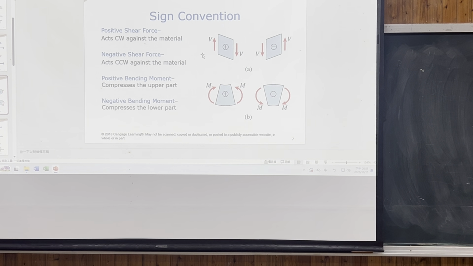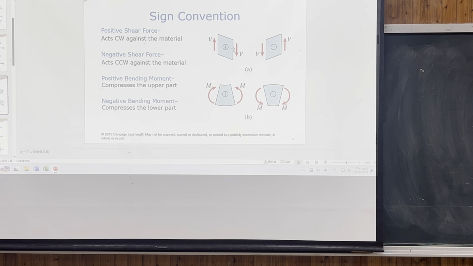In the textbook you use, they define positive shear as this kind of shear. You can think of it as going clockwise, from the top going down, going up. So when you see this kind of internal force, it is positive.